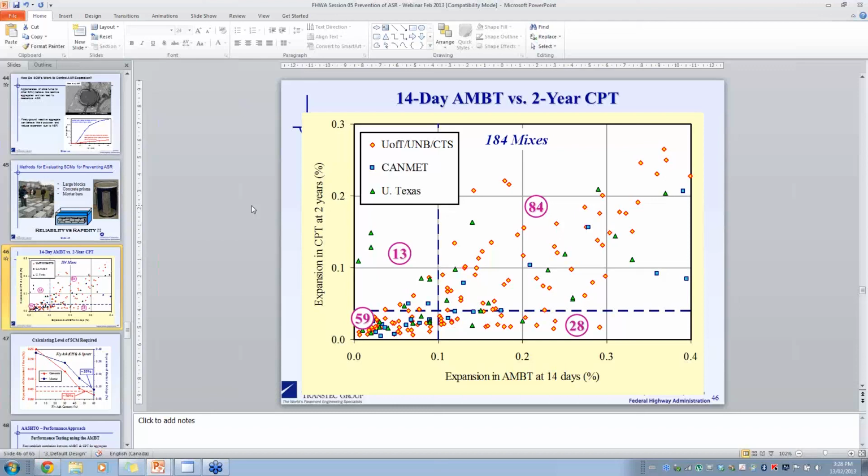Well, just to emphasize that, I think it's unlikely DEF would occur first and ASR occur second, just because of the relative timescales that reactions occur on. Also, ASR can actually initiate DEF to the extent that one of the side effects of ASR is that you're going to reduce the alkalinity of the pore solution because the alkalis are being consumed.